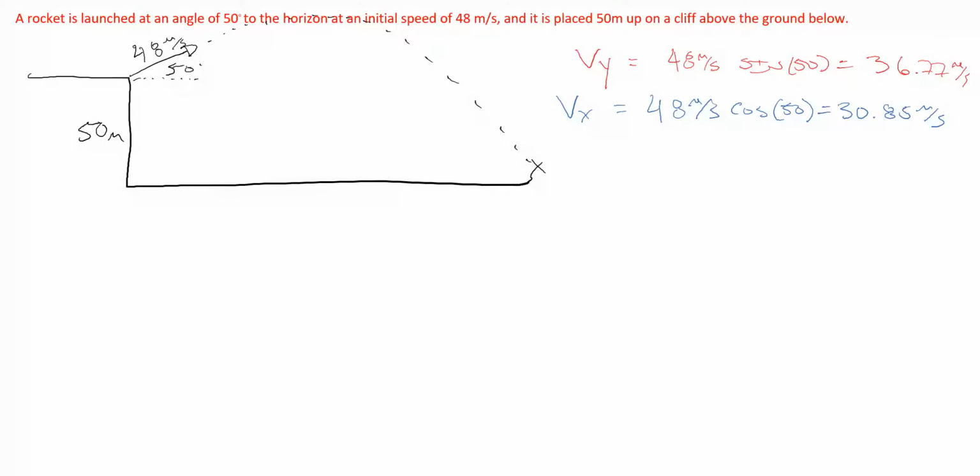Now the big difference in this problem is, in order to find the time, where we started and where we ended up are on two different level heights. So here we need to look at our coordinate system. We're going to set up our coordinate system as so, and we're going to say this is the origin of my system.